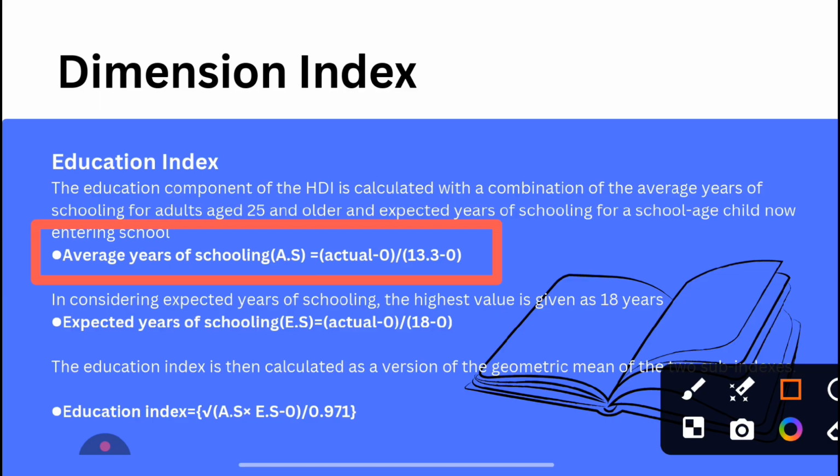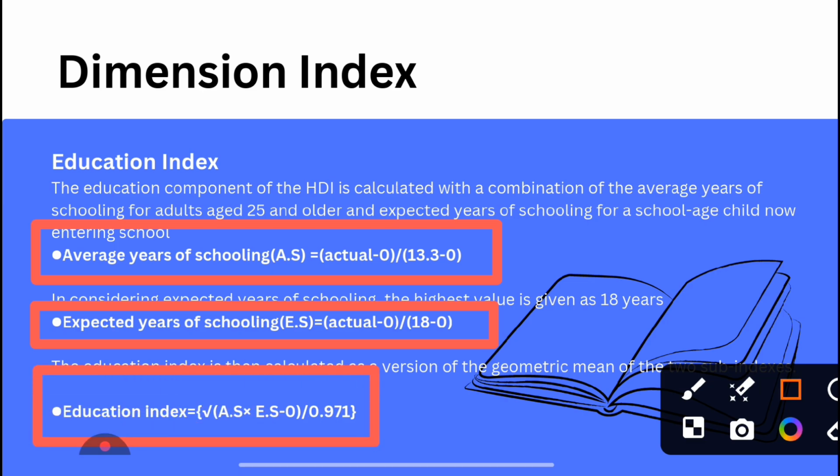Next is the expected years of schooling, where the maximum value is 18. We take these two sub-indexes and combine them with the geometric mean to get the final education index. Here below we can see the final equation for the education index.